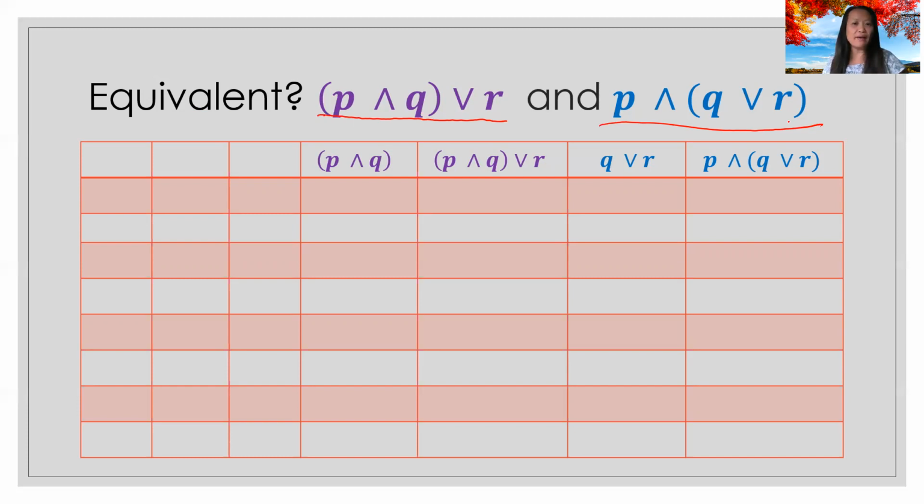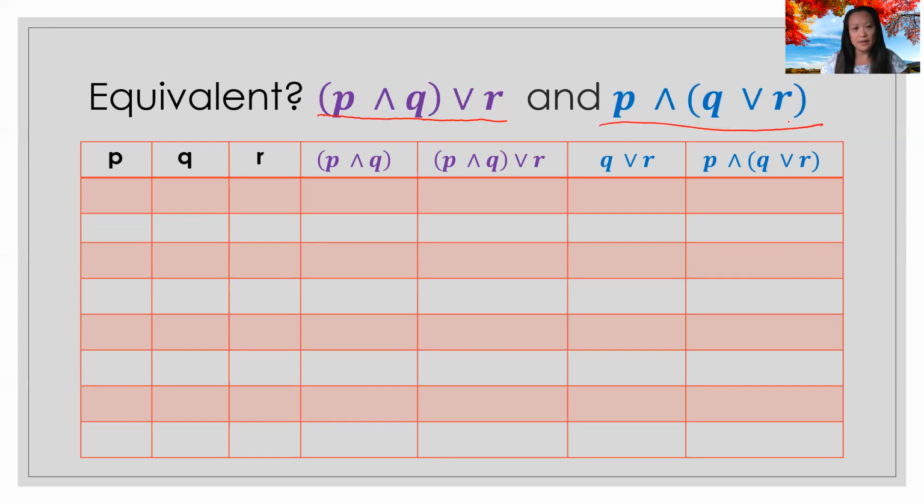And since we have 3 simple statements, P, Q, and R, how many choices of truth combinations do you have? Okay, so P has 2 choices, Q has 2 choices, R has 2 choices. So 2 times 2 times 2 is 8. You have 8 different combinations to list there.